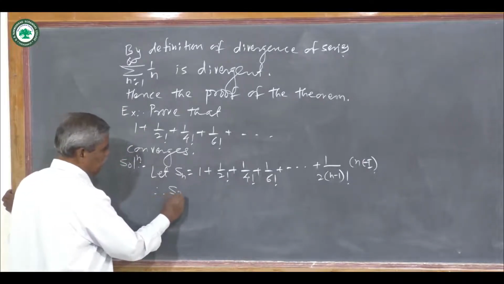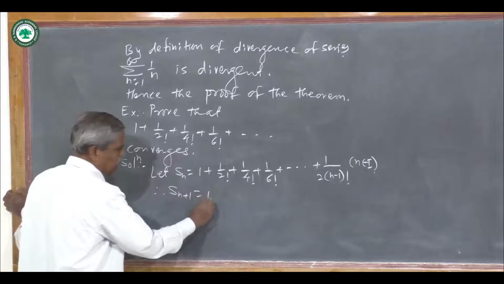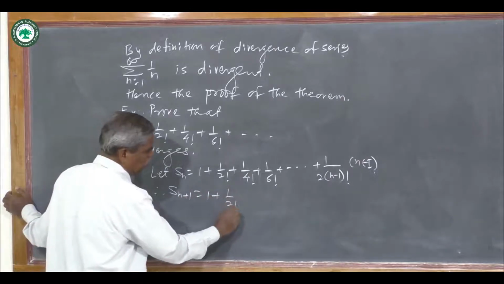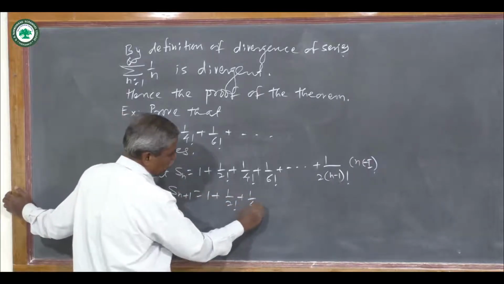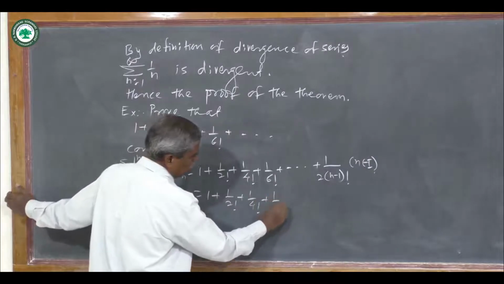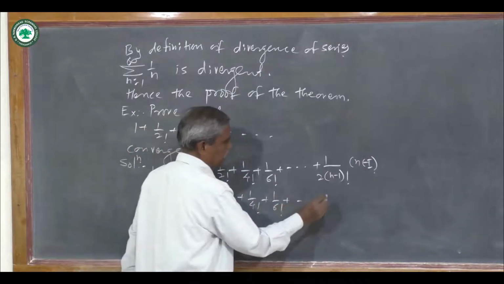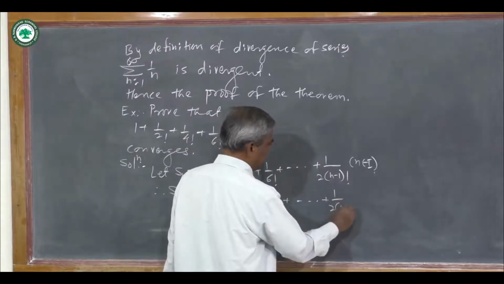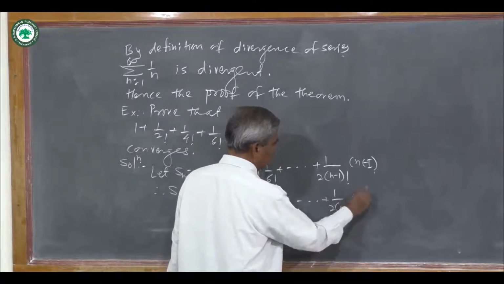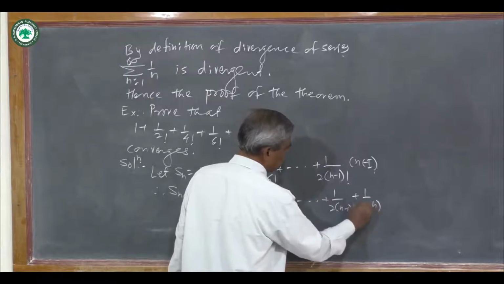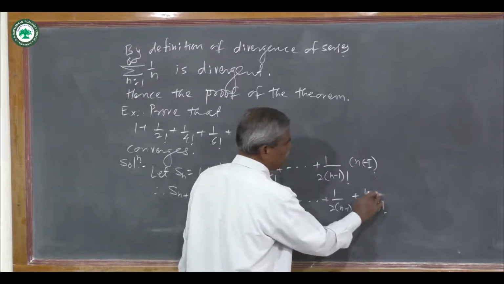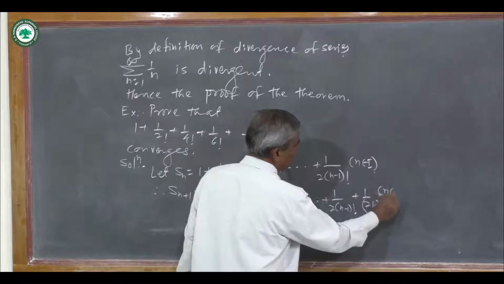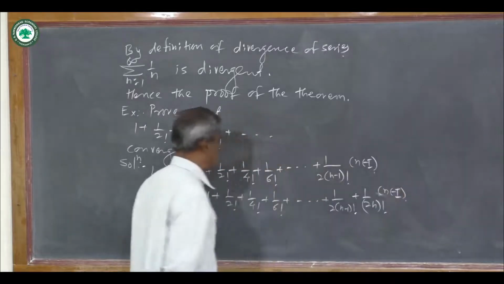Therefore, S suffix n plus 1 is equal to 1 plus 1 upon 2 factorial plus 1 upon 4 factorial plus 1 upon 6 factorial plus and so on, plus 1 upon 2 into n minus 1 factorial, plus 1 upon 2n factorial, for every positive integer n.